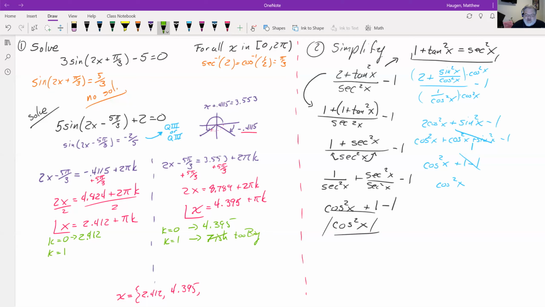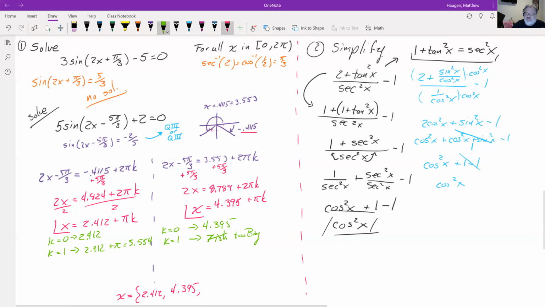K equals 1 here would be our 2.412 plus pi. So that's only going to be 5 and change. So that's going to be a reasonable solution. So whatever that is, 2.412 plus pi, 5.554 when we round up.